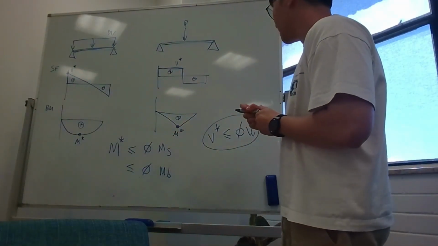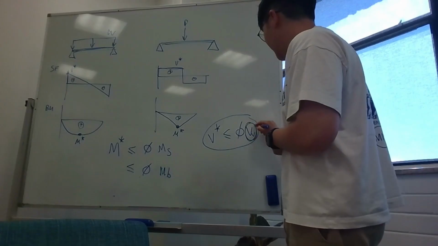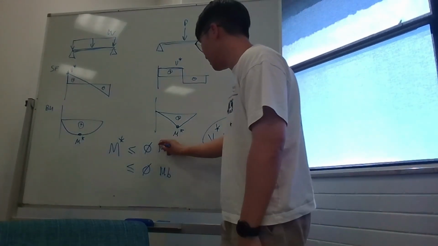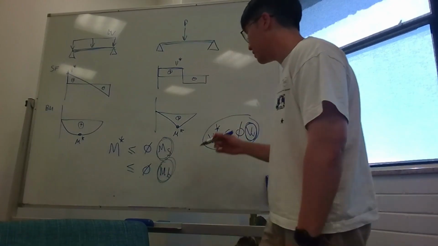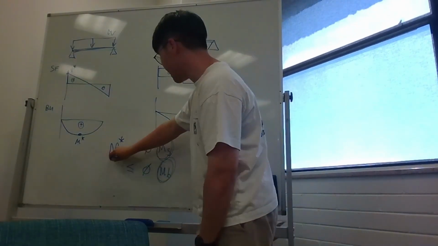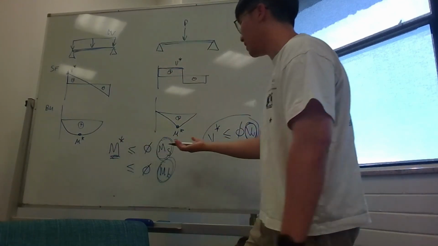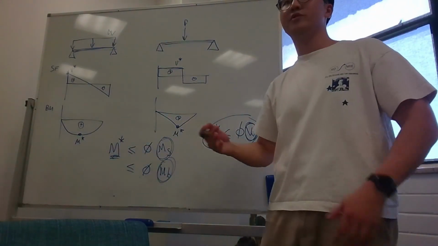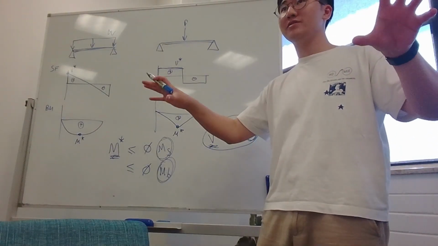What I'm trying to get at is, we don't know how to calculate this yet. That's the shear capacity. You may or may not have watched the videos to calculate your bending capacity, but the question is, focusing on the left-hand side here, when do M star and V star start to govern? Both things are happening at once on your beam.